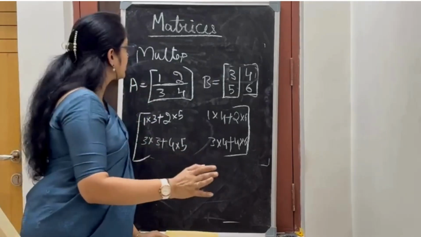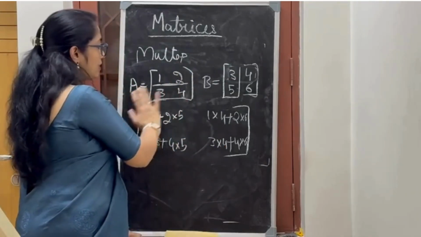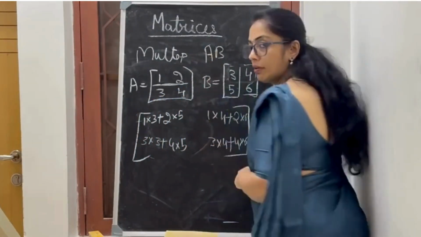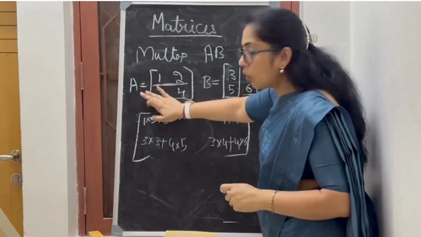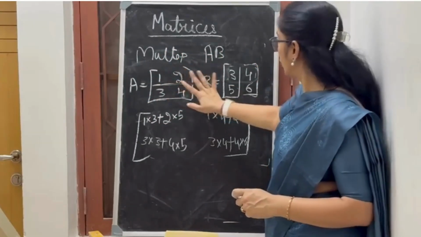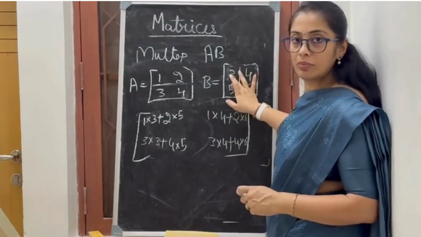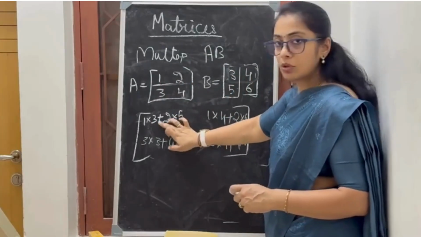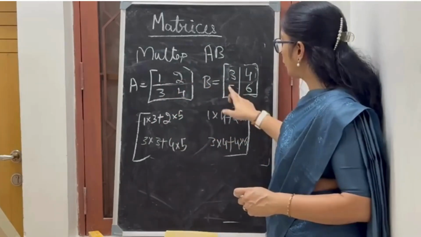I'll explain multiplication again. In multiplication, when they say A into B, please give the answer, what is AB. Okay, so you have to do A into B. How will you multiply this? So you take the first row. First row, what are the numbers? 1 and 2. You will multiply with the first column, 3 and 5. So 1 into 3 plus, you will add the number, plus 2 into 5.